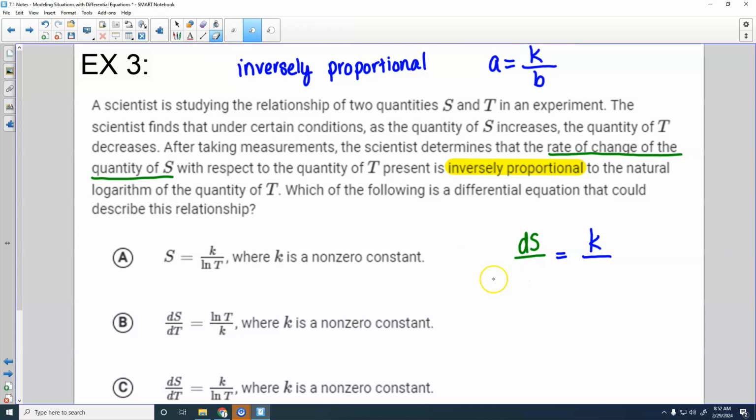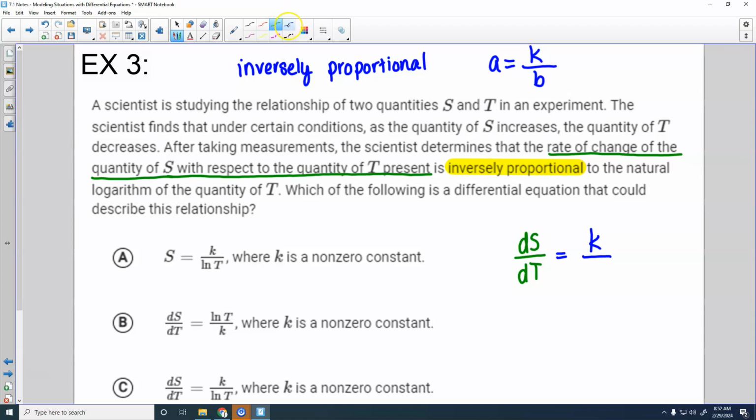It should be a big T, because it says with respect to the quantity of T. So the rate of change of capital S with respect to capital T. Probably you've got some sort of reaction going on here. Like if you put baking soda and vinegar together, as those two react over time, the amount of one substance is going to increase while the other is decreasing, right?